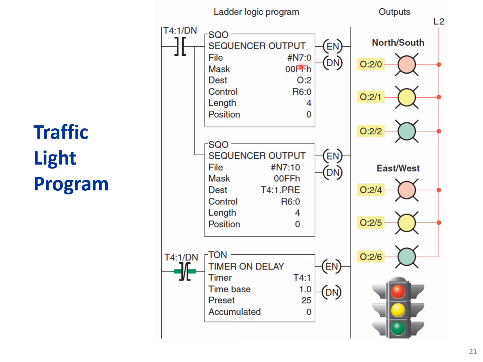It means that we have all ones and it passes everything through. We don't have a specific filtering, basically. Destination is O2, is the address of these lights. North, south, and east, west lights. Control address, the length, we had 4 steps. And at the beginning, we are at the position 0 or at the initial one. Okay.